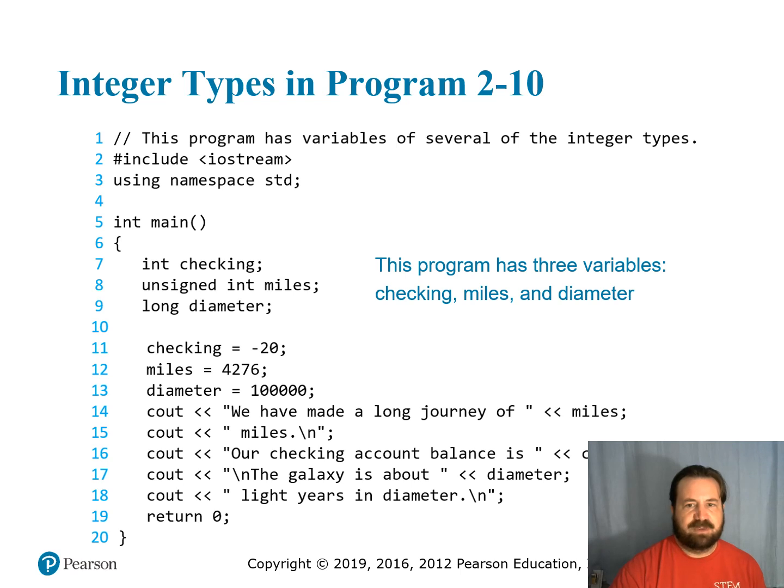This program has 3 integer variables: checking, miles, and diameter. Each has different integers assigned to it. We define them up here, and then we assign values to them down here. You don't have to do that.